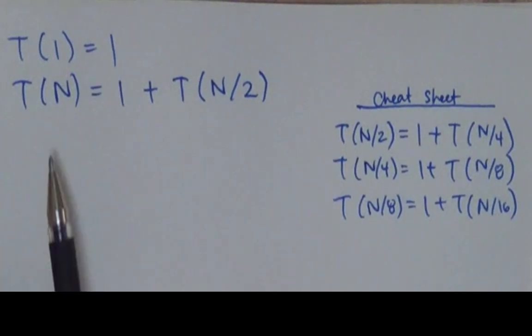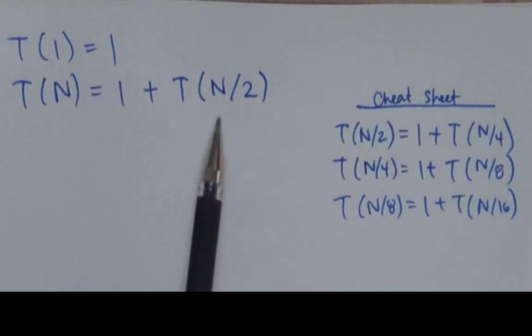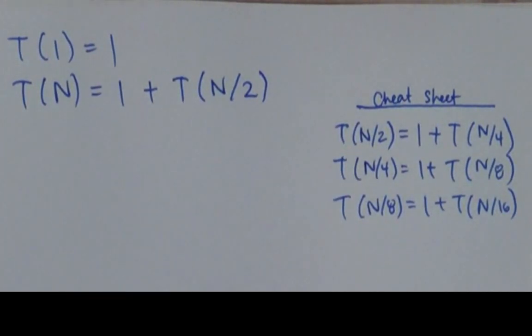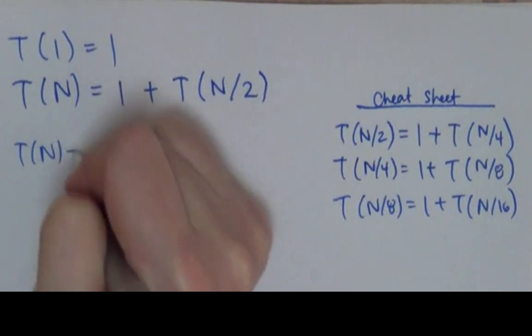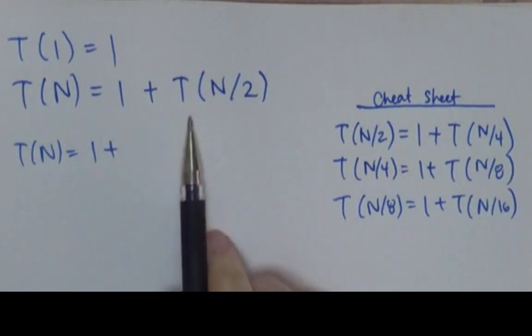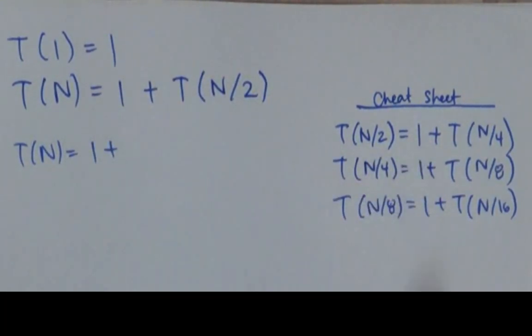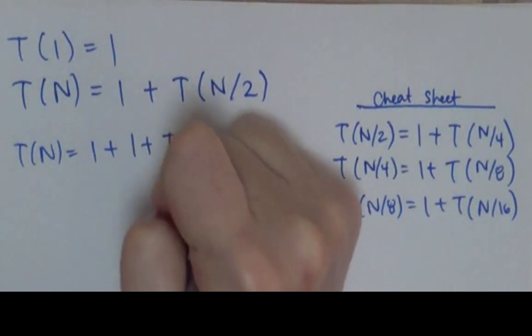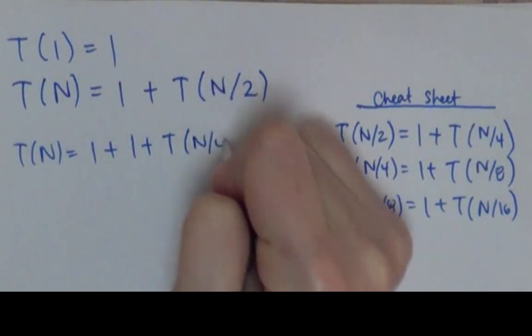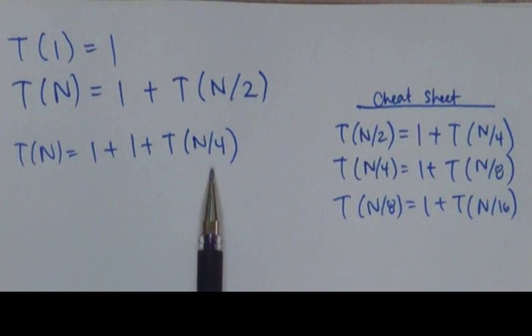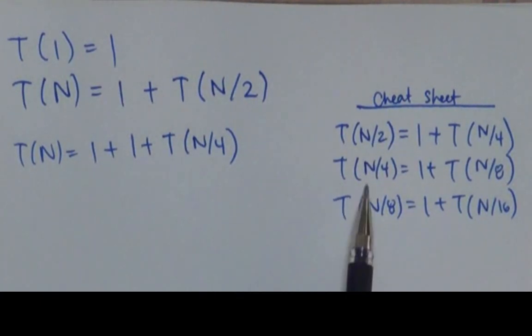My goal here in the unrolling is to get rid of all the T's on the right-hand side. So I'm going to start by substituting in that first expression. T of n is equal to 1 plus, and now instead of writing that T of n divided by 2, I'm going to put this 1 plus T of n divided by 4. I still have a T on the right-hand side, which I don't want, so I'm going to substitute in that next piece on my cheat sheet.